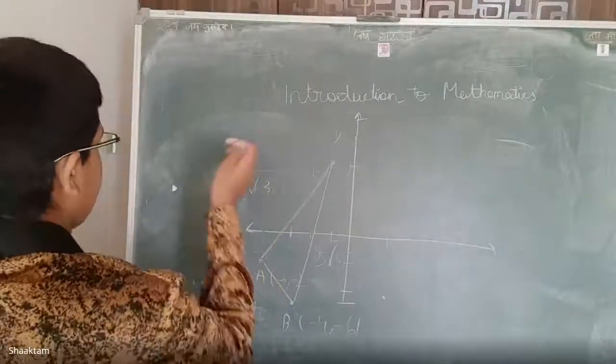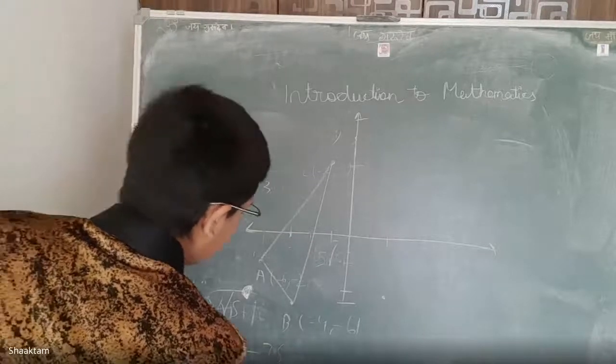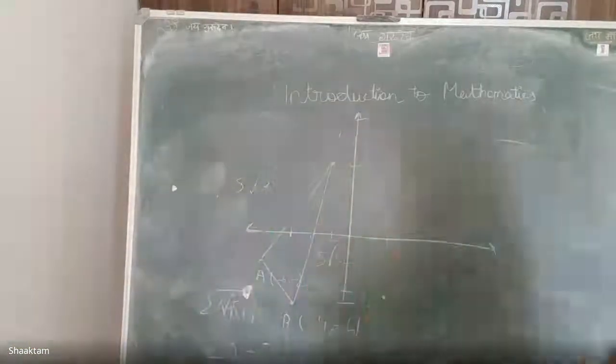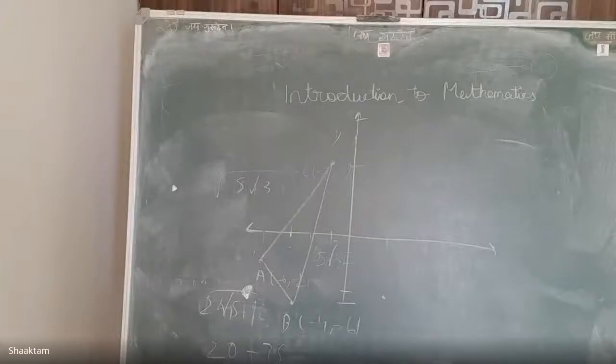So you will use 5 root 3. 20 plus 75, it is... So it's not a right angle triangle because the squares are not adding up to the square of the other side. Okay? So how can we go with that? Then you'll have to use Heron's formula, which is used when you just know the sides of the triangle.